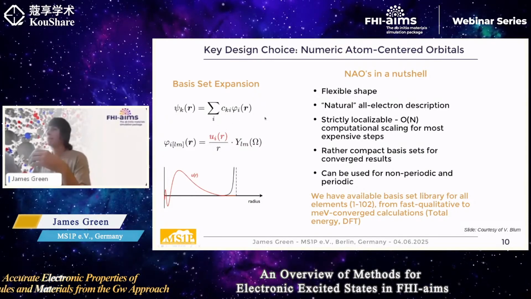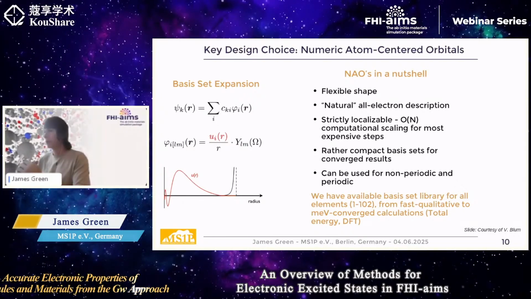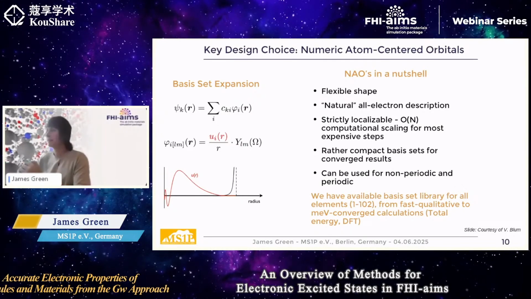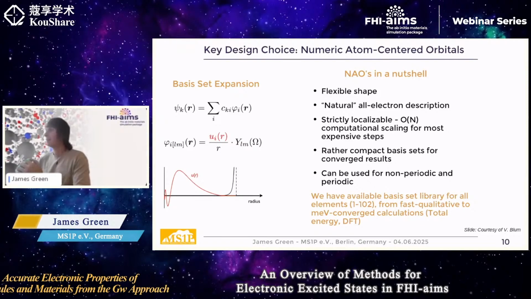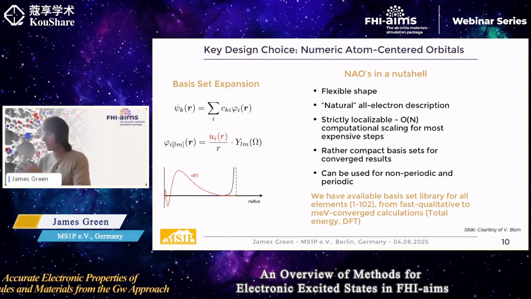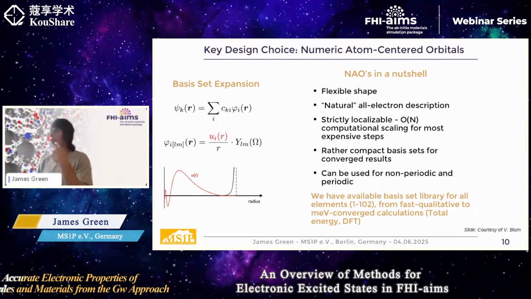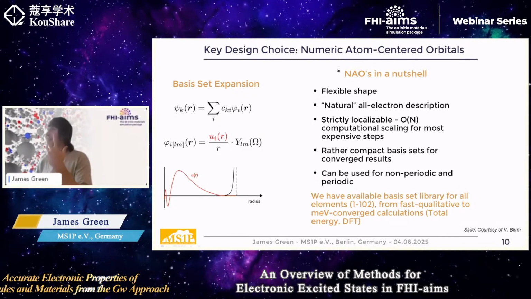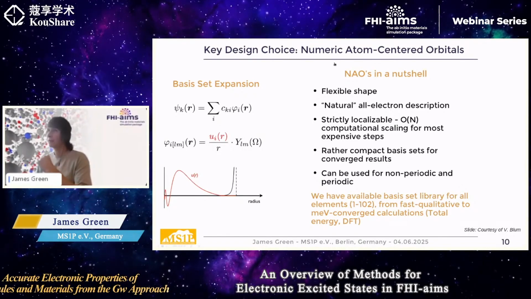Now in many molecular electronic structure codes, a Gaussian basis set is chosen, and for periodic codes, quite often plane waves are chosen. So in FHI-aims, instead, the choice is numeric atom-centered orbitals.